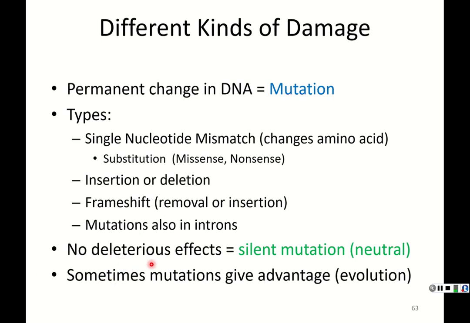If a mutation has no bad side effects, it's known as a silent mutation. Those can also be referred to as polymorphisms. Sometimes the mutations do give an advantage, right? Because this is sort of a random process going on. So sometimes you can have a mutation that makes the protein better in a certain environment. And that's kind of the basis of evolution.